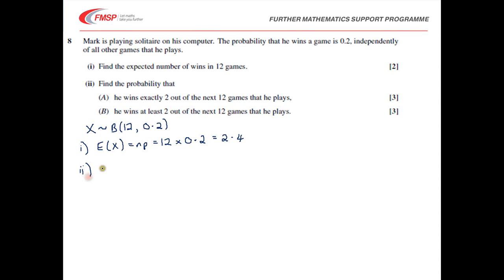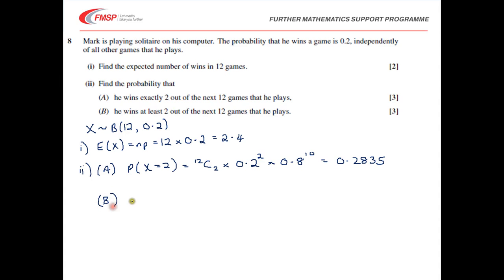And for part 2A, the probability that X is equal to 2 is 12 choose 2 times probability of success to the power 2, 2 wins, and the probability of failure 0.8, there must be 10 losses. That comes out to be 0.2835.